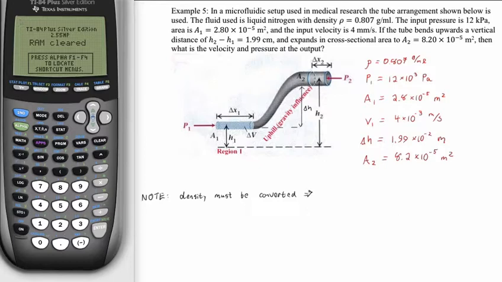What is that going to look like? We have 0.807 grams per milliliter multiplied by 1,000 grams per kilogram, and then multiplied by 1,000 milliliters per liter.